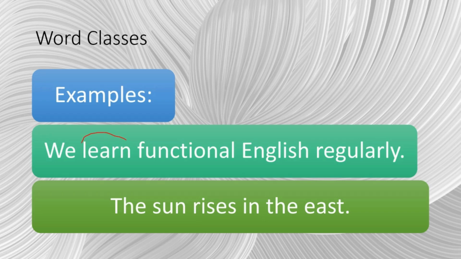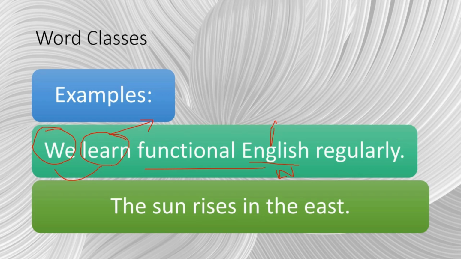So learn is an action, it's work, what they're doing: learning. Who learns? We is a pronoun. We learn what? Functional English. English is a name, a language, so it's a noun.